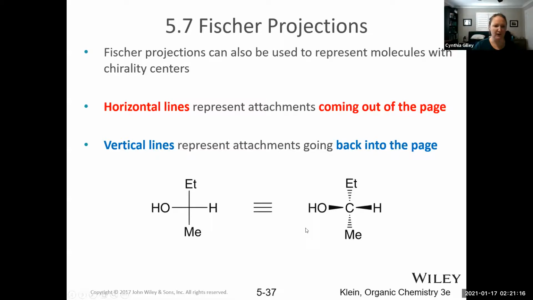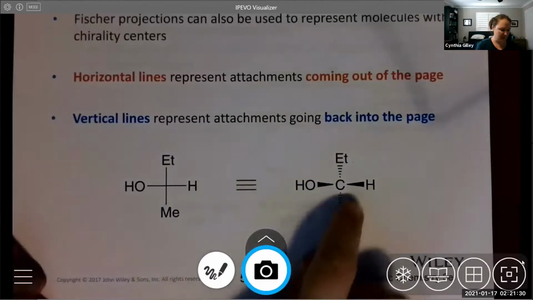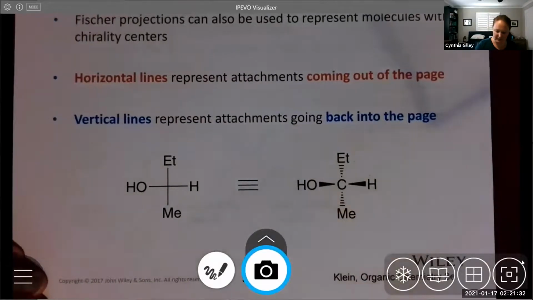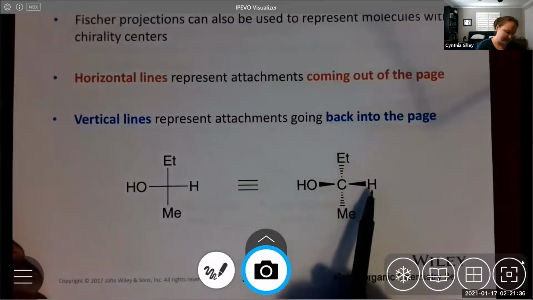Understanding this gives us stereochemical information. For example, because this is a chiral center with 4 different groups attached, we should be able to figure out if this chiral center can be designated as R or S. We can do that if we have information about the wedge and the dash situation.